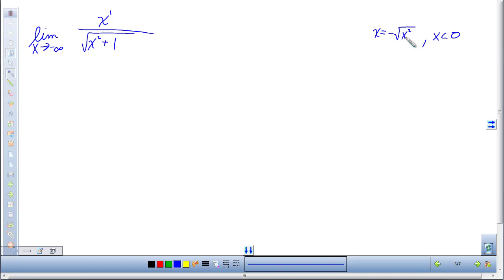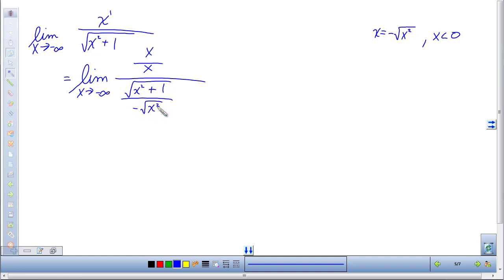So over here, when I divide, we're looking at the limit as x approaches negative infinity of x over x, over the square root of x squared plus 1 over x, except I'm going to represent x as negative square root of x squared. Again, because we're approaching minus infinity.